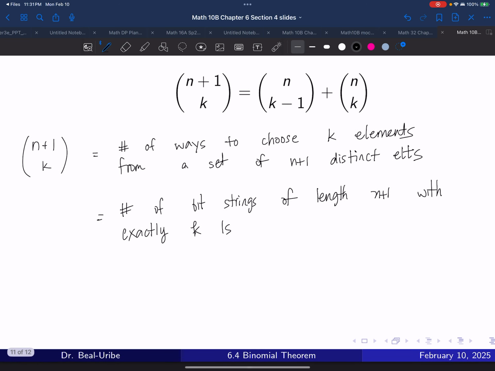Okay, so imagine we have a bit string of length n plus 1, and there are exactly k ones.